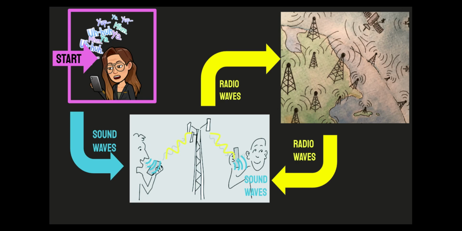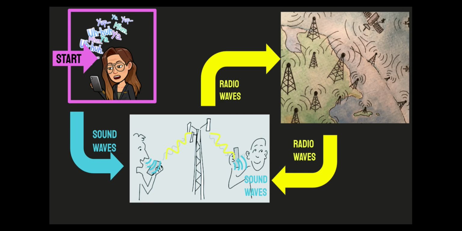Next time you pick up a cell phone to call your grandma or your friend or your mom or whoever, you can picture the sound waves coming out from you, getting translated by your cell phone into invisible radio waves, which travel to the nearest cell tower.